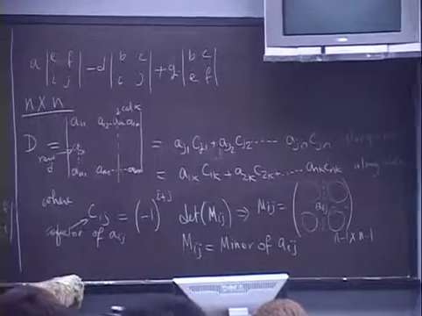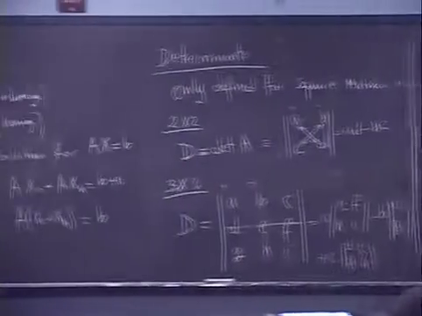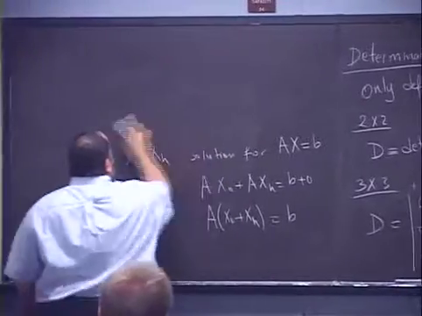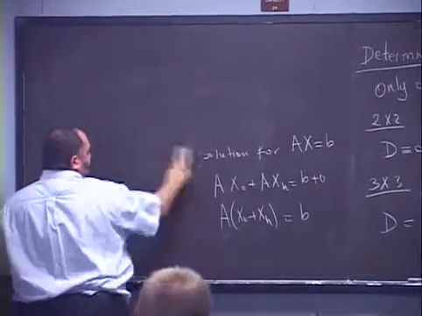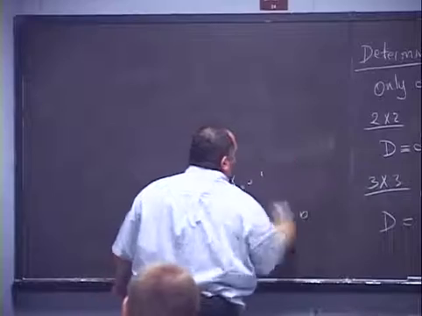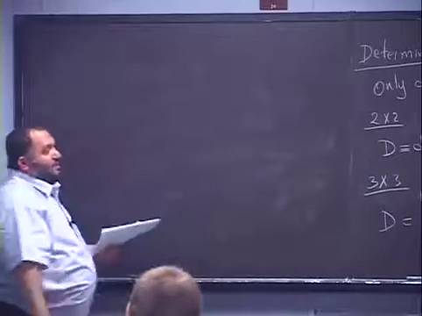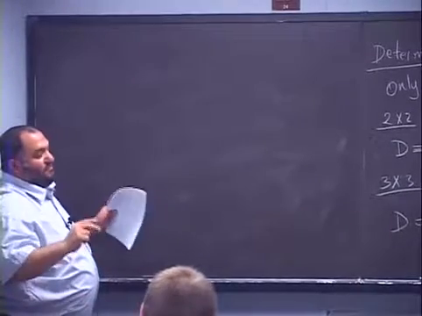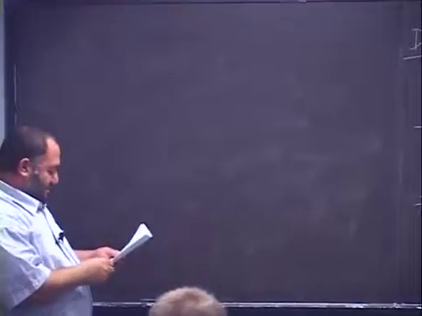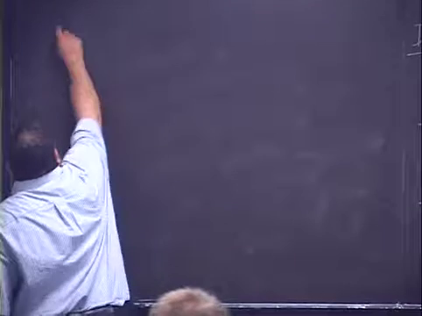So what are the properties of the determinant? We now know how to get the value of a determinant, and we stated that the determinant is only valid for square matrices. So what are the properties?